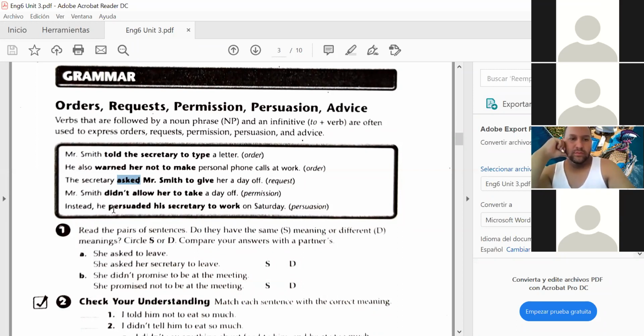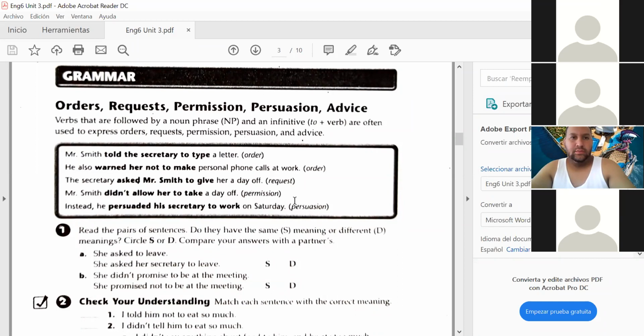Now, let's see number 4, sorry. It says, Mr. Smith, subject, didn't allow her, noun, which is the secretary, didn't allow her to take a day off. Allow, when you permit, when you allow, when you let, that's when you are giving permission or when you are asking for permission to do something.